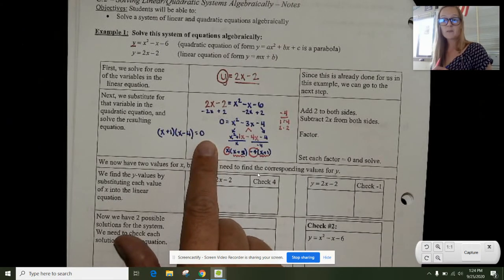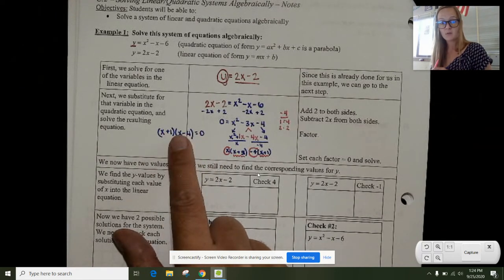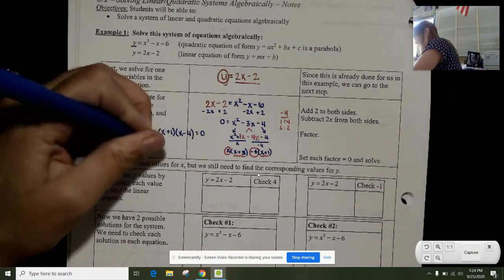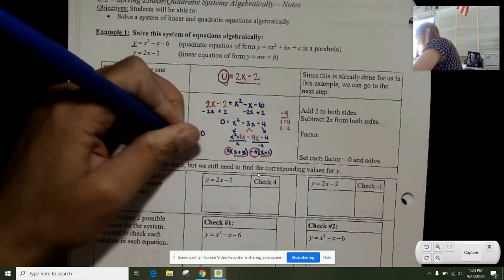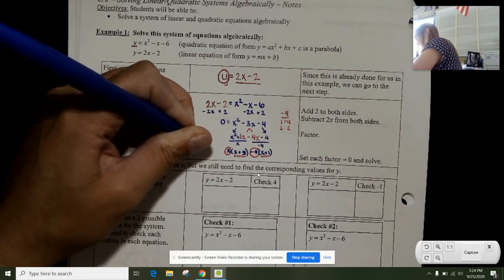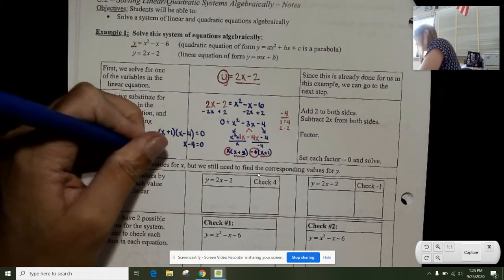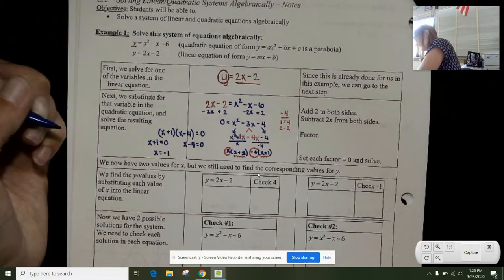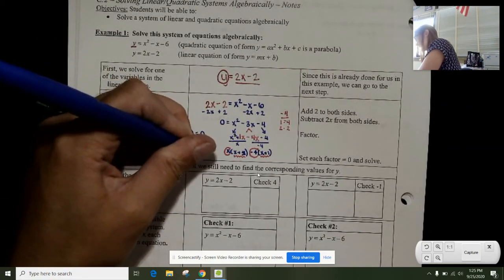The only way to multiply two values and get 0 is that if one of them is 0. So either x plus 1 equals 0 or x minus 4 equals 0. So then I'm going to subtract 1 from both sides here, and I get x equals -1. Or I'm going to add 4 to both sides here, and I get x equals 4.